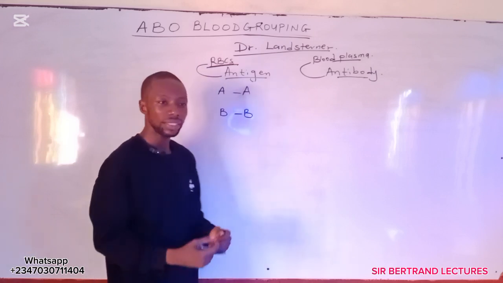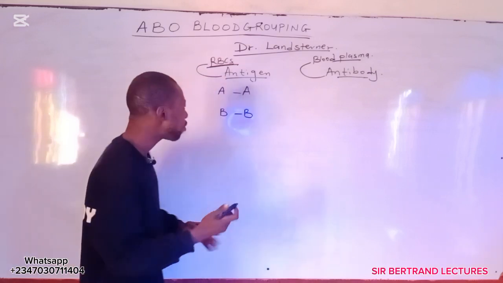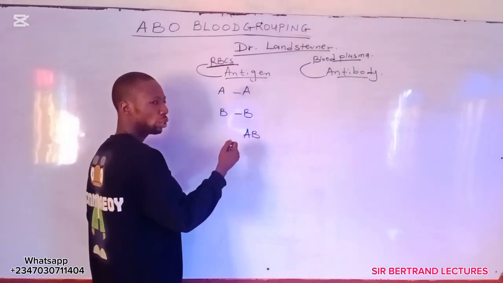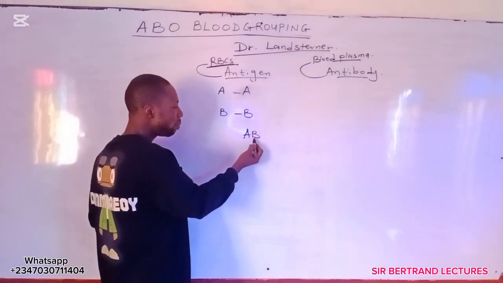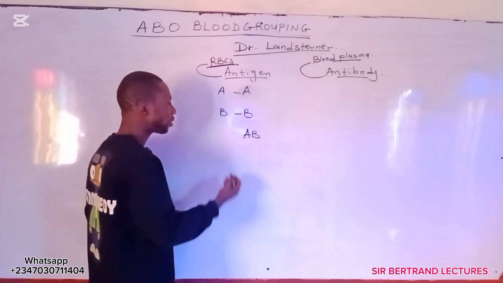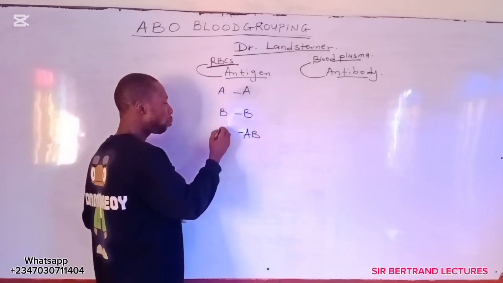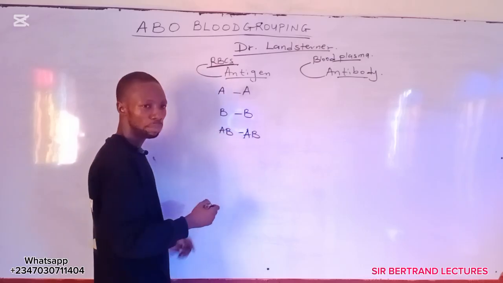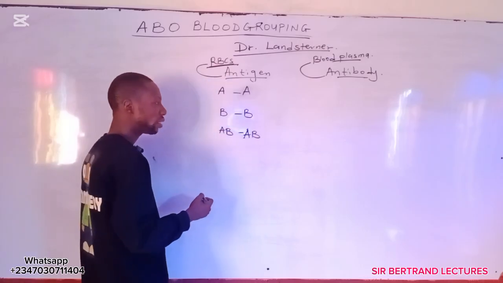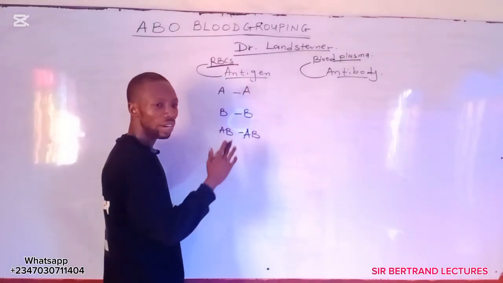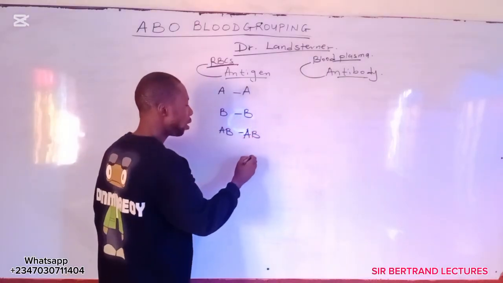Now, in some blood we have both antigen A and antigen B. Some people have both antigen A and B on the surface of their red blood cell, and those people belong to a blood group known as AB. Then some people don't have antigen A and don't have antigen B either.